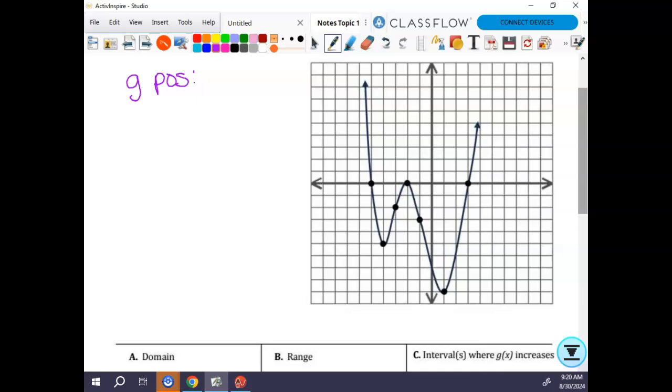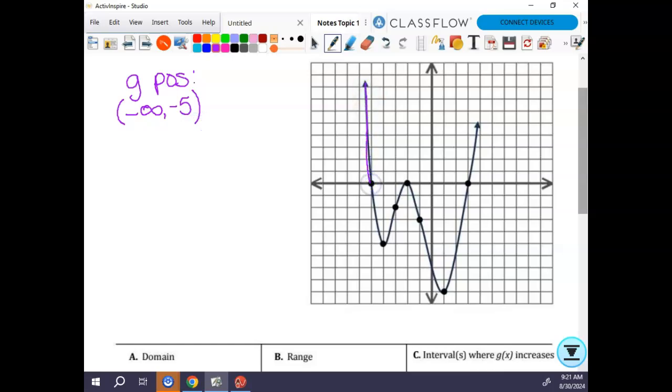Very good. We go from -infinity to -5, right? I never include the infinities. Do I include this -5? No, because at -5, what's the value of the function? 0, and that's not positive, okay? So this is positive.